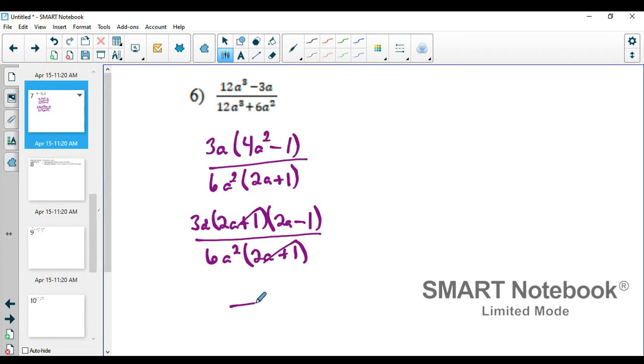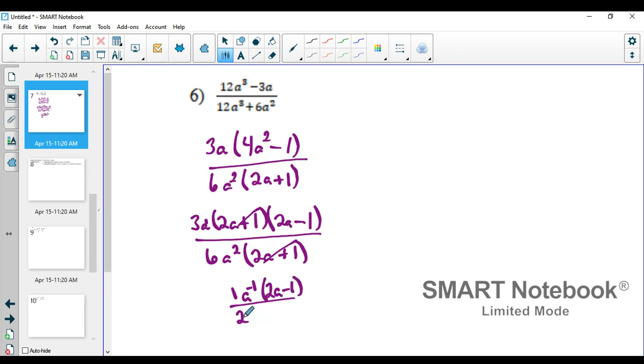So let's just start with simplifying 3 over 6. So 3 over 6 simplifies to 1/2. And then we're going to do the a to the first over a squared. So you subtract their exponents. So 1 minus 2 is negative 1. So we have a to the negative first power. And then we still have 2a minus 1 over here.